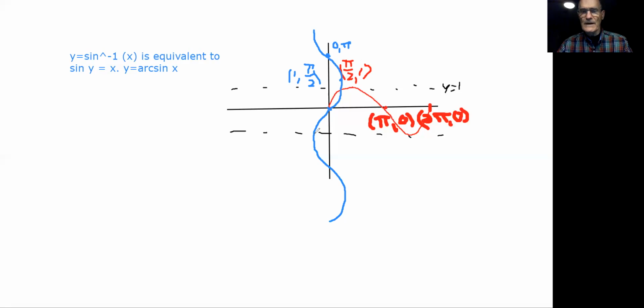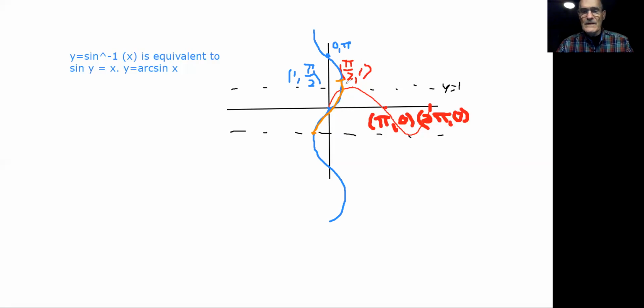The principal range of the inverse sine function starts here at minus pi over 2 and comes up until it gets to pi over 2 right there. The part of the sine curve that created this is a one-to-one function, so it has an inverse which is also a function.